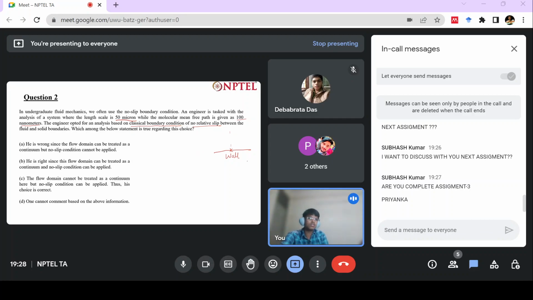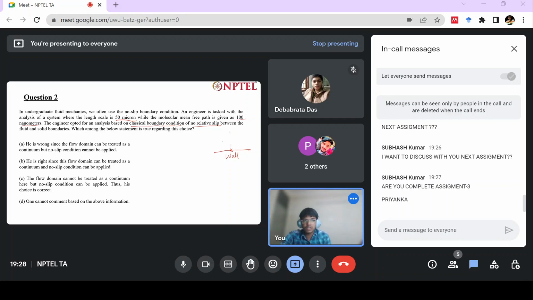The wall may also have some velocity, but at the interface between the fluid and the wall, the relative velocity between the wall and the fluid is zero. So when the wall moves, the fluid adjacent to the wall, just at the close of the wall, also moves along with the wall. Okay. So that is your no relative slip condition.